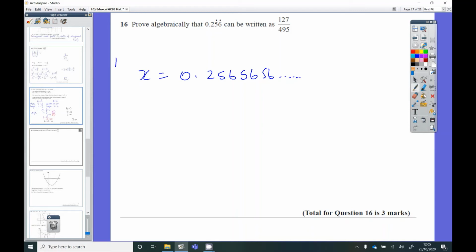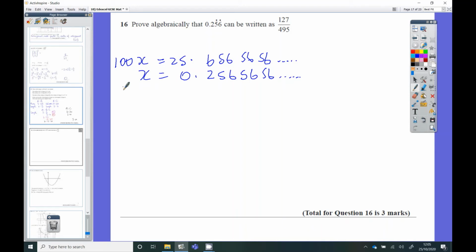So 100x equals, now obviously as we're multiplying the right hand side by 100, the numbers all move 2 to the left, so we're left with 25.6565656. And you will see, because we've chosen to multiply by 100, the recurring components all line up.